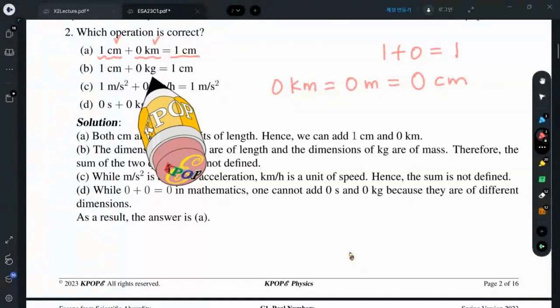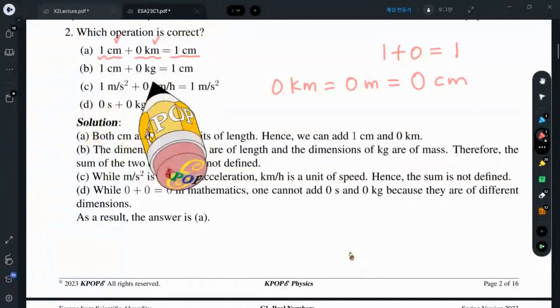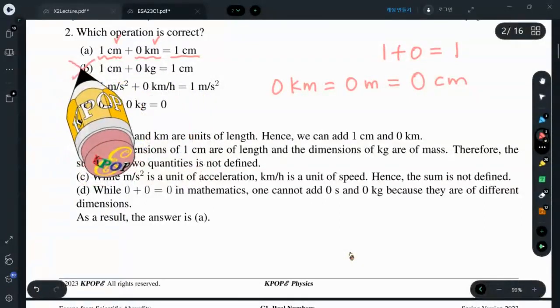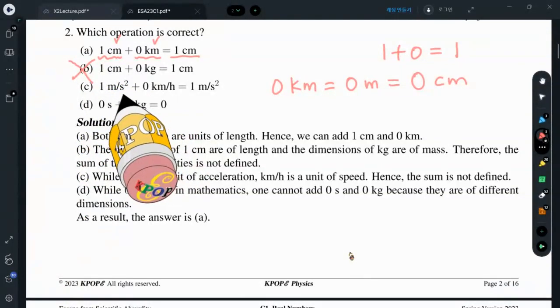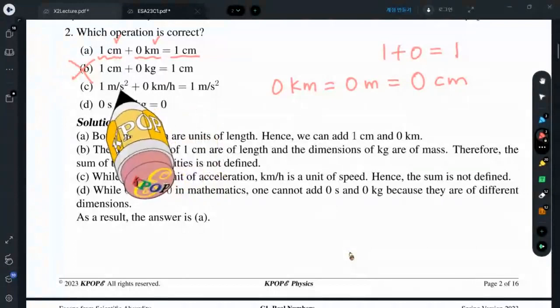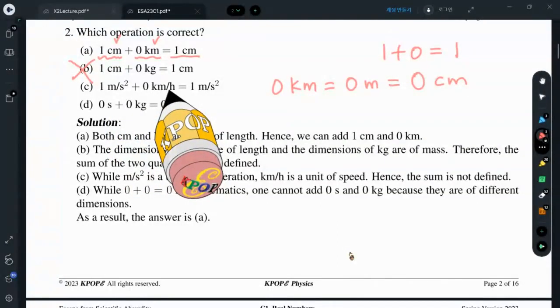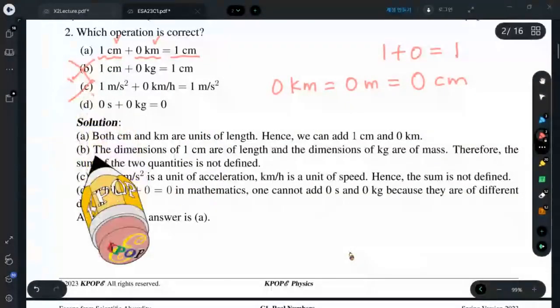This physical dimension discrepancy means we cannot define the sum, so it is wrong. 1 meter per second squared is length divided by time squared, but length over time, so these two also have a discrepancy in the physical dimension, not defined.